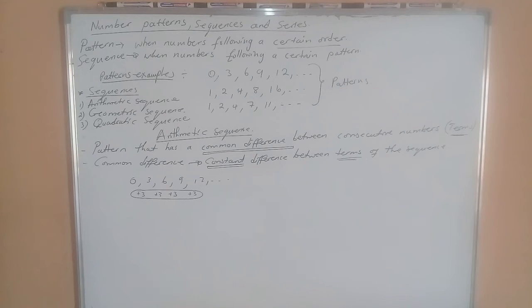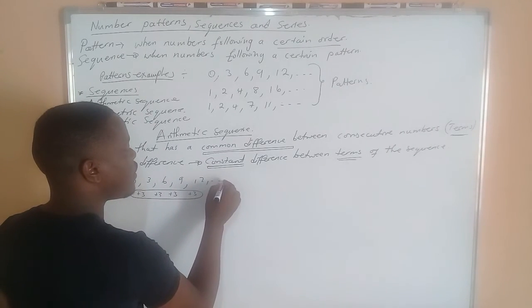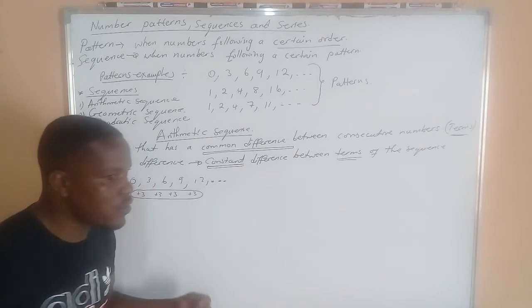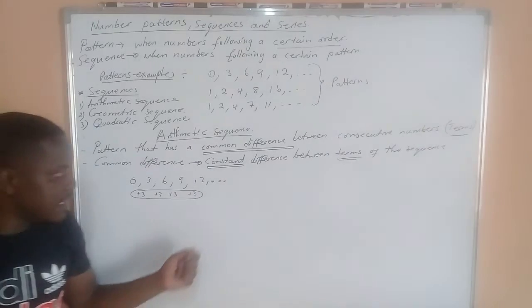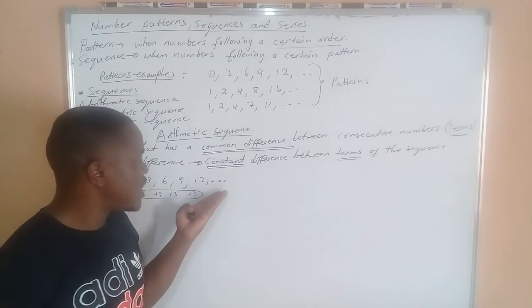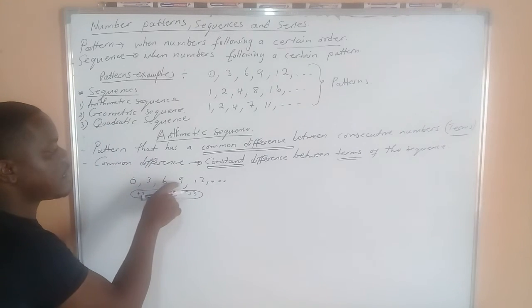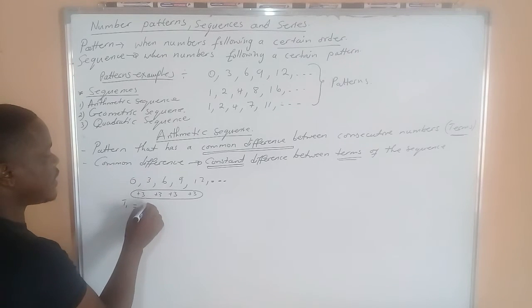Then under arithmetic sequence, we have to be able to identify that this is arithmetic. There is also the issue of finding the remaining terms. Remember, this sequence is continuously going, so you can be asked to find any term beyond this. So term number 1 is 0.